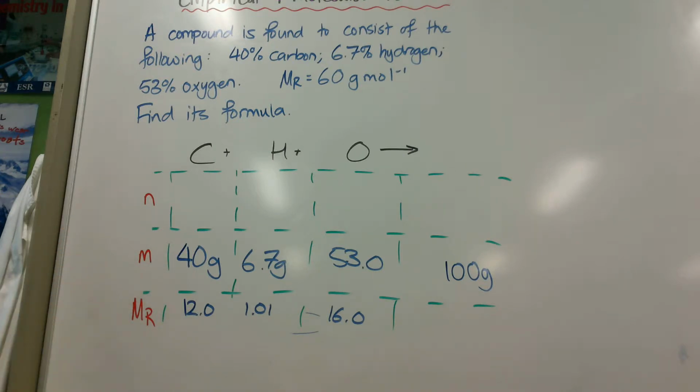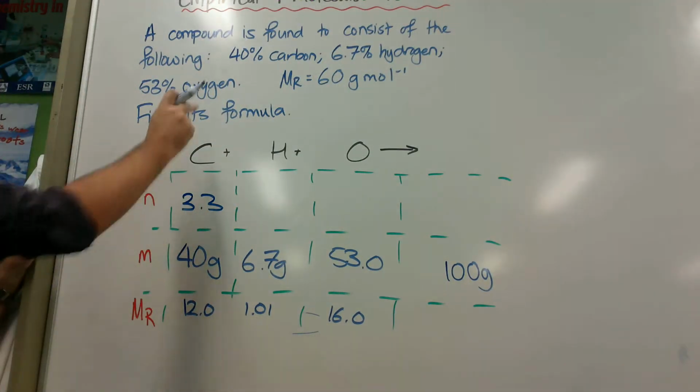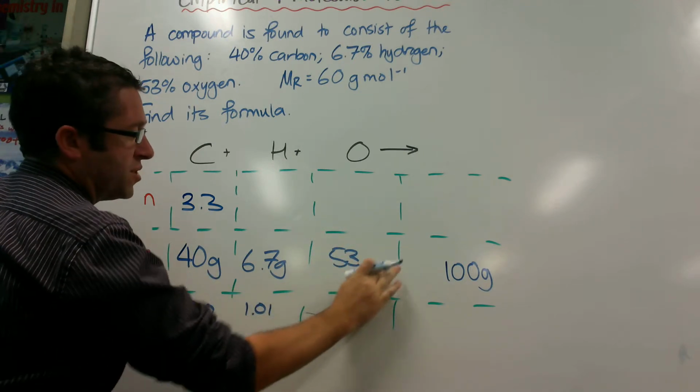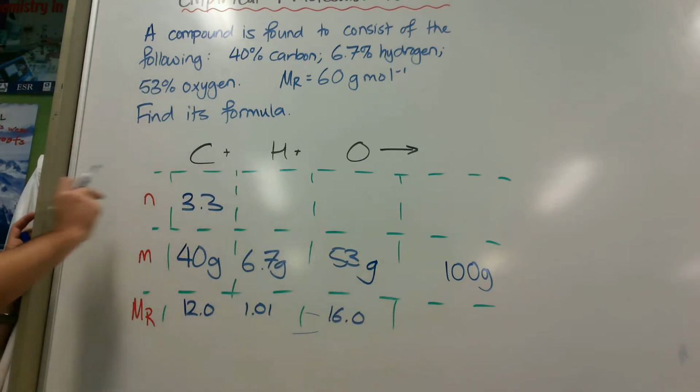40 divided by 12, and I'll need my calculator out to do this one. Sorry. I should do it the right way. 3.3 recurring, so I'll just put 3.3 because these values are only 2 significant figures, so these ones should be as well.